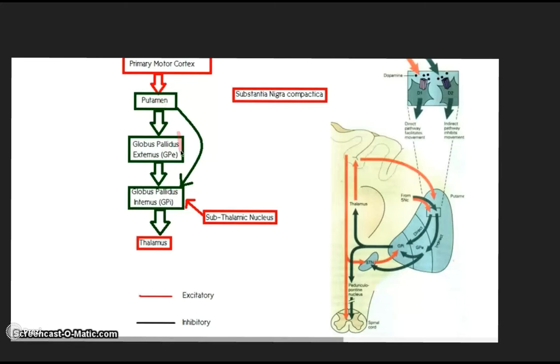We'll talk about how these systems loop together. And then the subthalamic nucleus is also in play here, and how these systems allow us to create conscious or voluntary movement. And this whole system is driven by both dopamine and GABA.